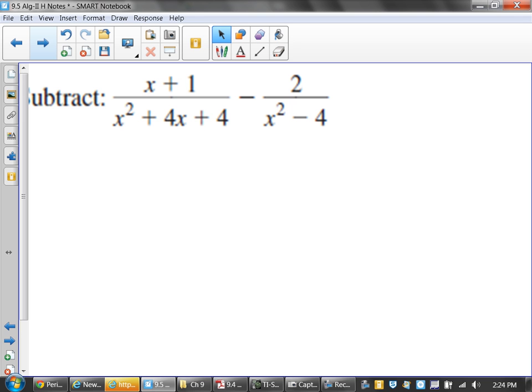So when I have x plus 1 over x squared plus 4x plus 4 minus the fraction 2 over x squared minus 4, when I go to factor that out, is there anything I can do with that first numerator? No. There's nothing I can do with the first numerator. But the first denominator, x plus 2, x plus 2. Very good.